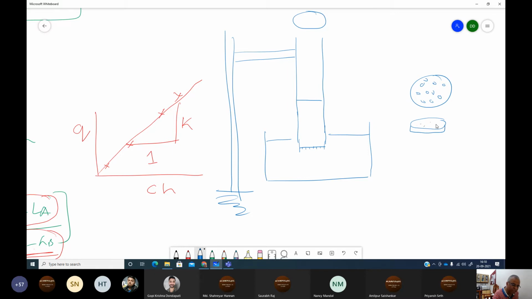This is a very porous sandstone, put on top of this. Then we fill up with the sample, whatever sand or soil is there, we fill it up. So this becomes my length, LB minus LA.